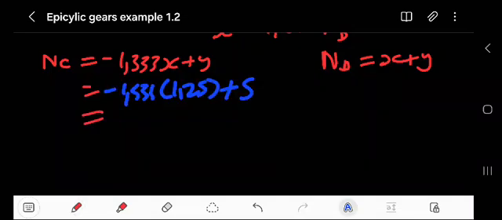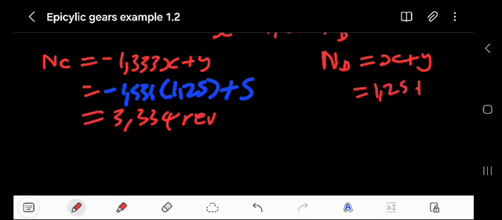Punch this in, we'll get 3.334 revs. Then here we'll have 1.25 plus 5, which will be 6.25 revs. So this is what we have so far.